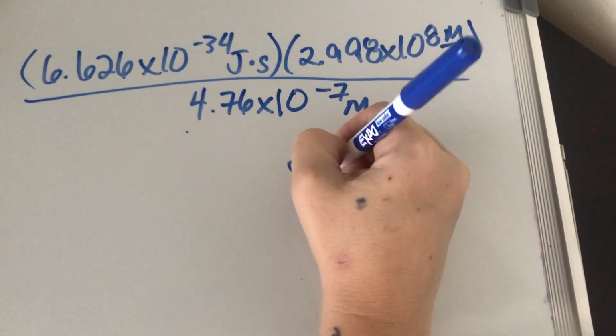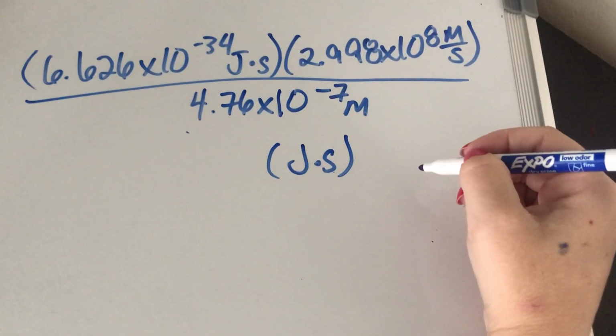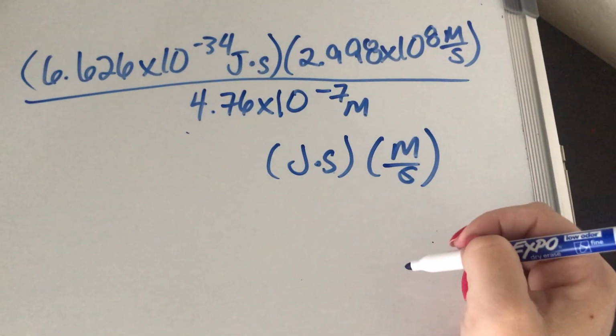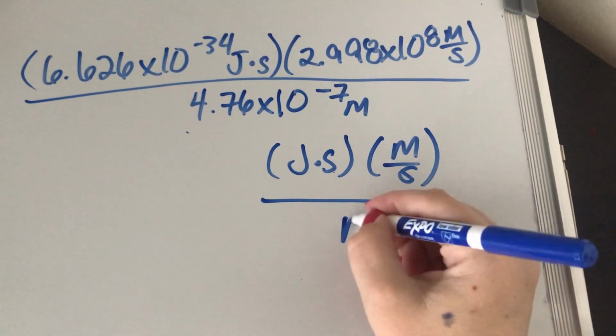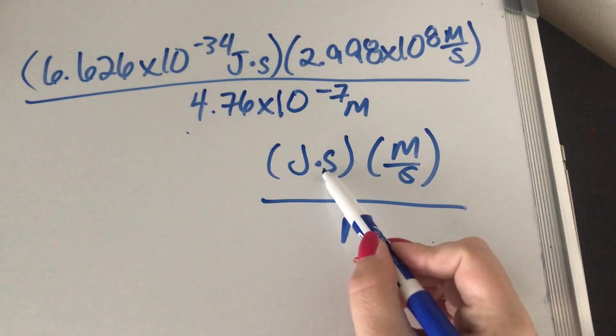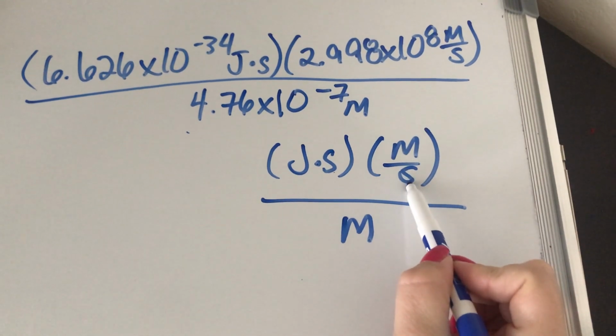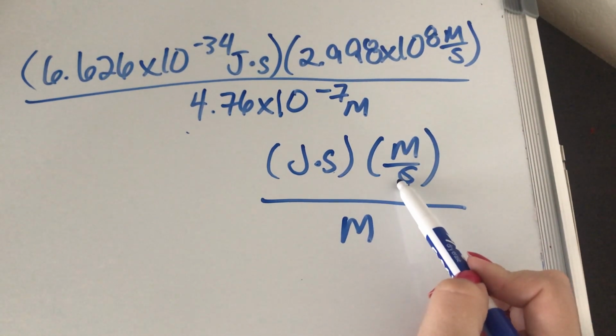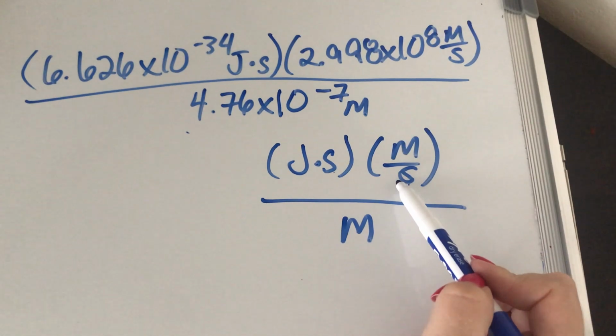So we have joule seconds, right, times meters per second divided by meters, right? So seconds times 1 over seconds. Does everybody see how that cancels? Anytime you multiply something by its reciprocal, it will cancel. Everybody all right with that?